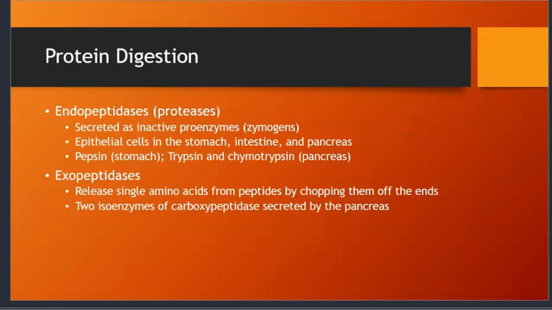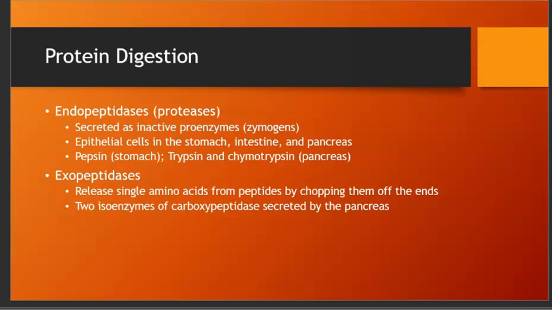Protein digestion. So protein is digested through endopeptidases and exopeptidases. The endopeptidases, or proteases, are secreted as zymogens in the epithelial cells in the stomach, intestine, and pancreas.